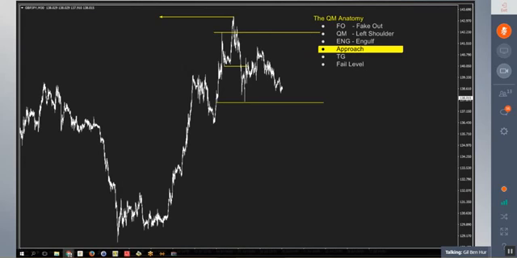We really need to know how price is building up toward this trade level. Okay, so it's very important to discuss.